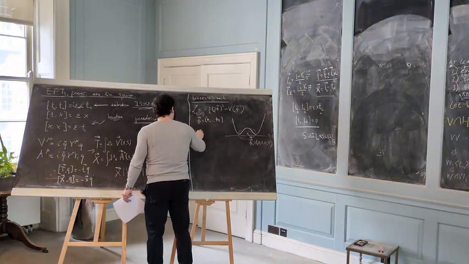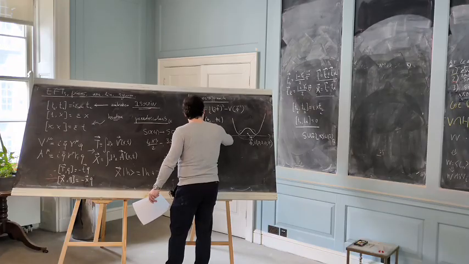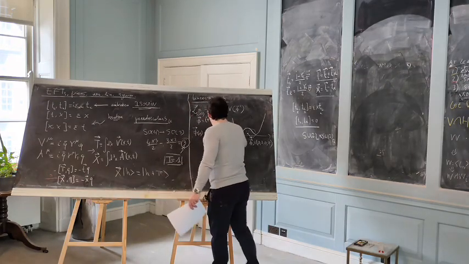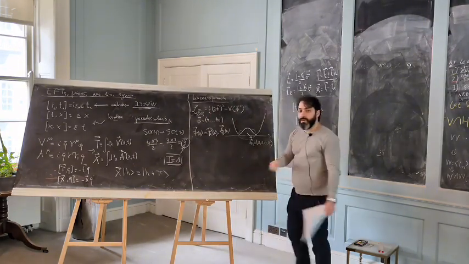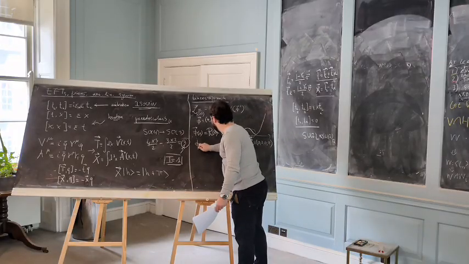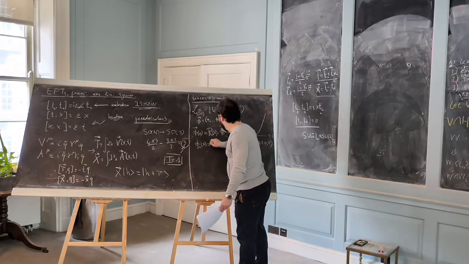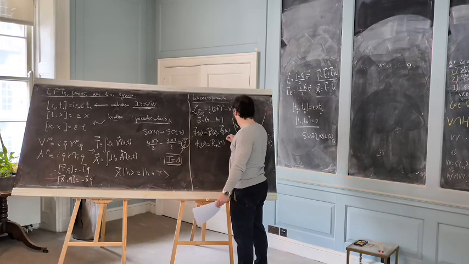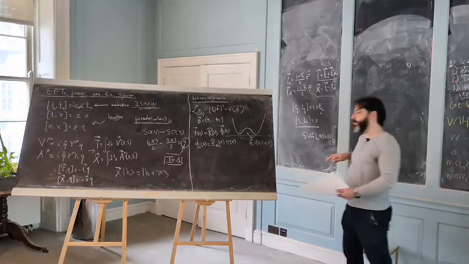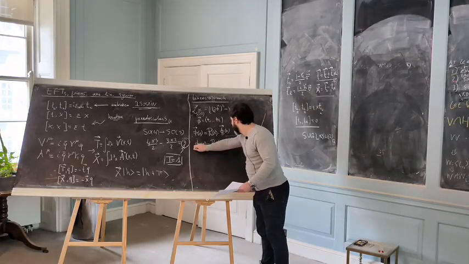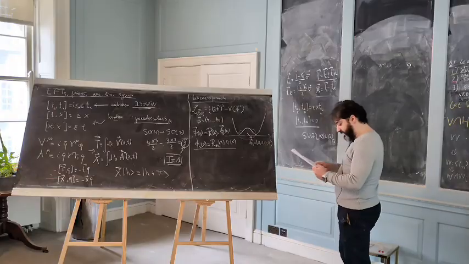So the generic field phi of x will be equal to some matrix R, which depends on x, times phi 0, which in components looks like phi n of x equals R n4 of x times sigma. It's just a nonlinear change of variable. It's my choice of parameterizing the fields.